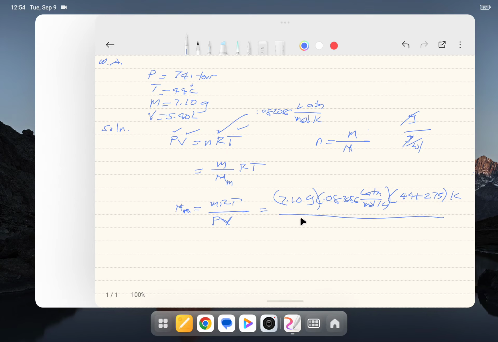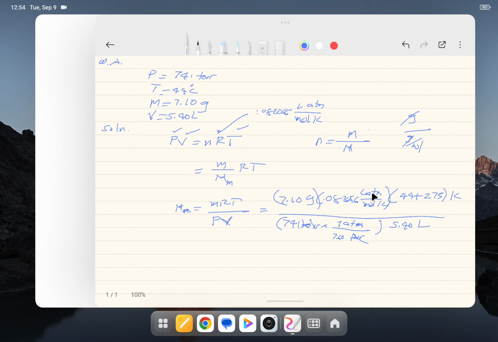Then your pressure is 741 Torricelli. You have to convert this one. Of course, the conversion factor, you should also be writing it down. You have 760 Torricelli, or millimeters of mercury, per 1 atm. So the Torricelli must be under, so that it would cancel off. Now you have atmosphere as a unit of pressure, and then we plug in your volume to be 5.40 liters.